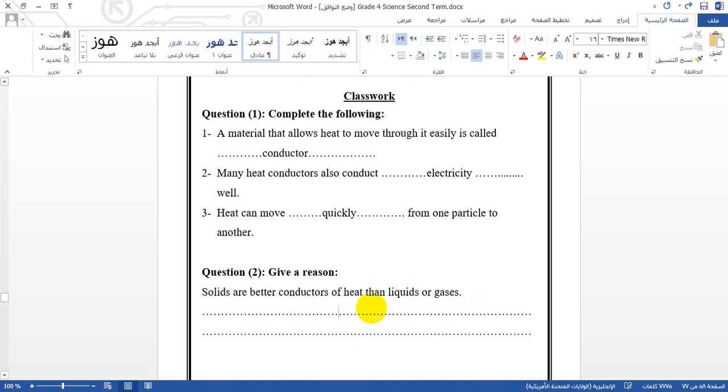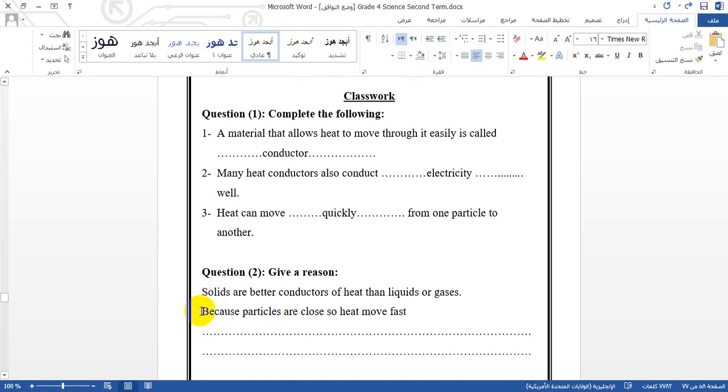Let me start from the beginning here. Because particles are close, heat moves fast.